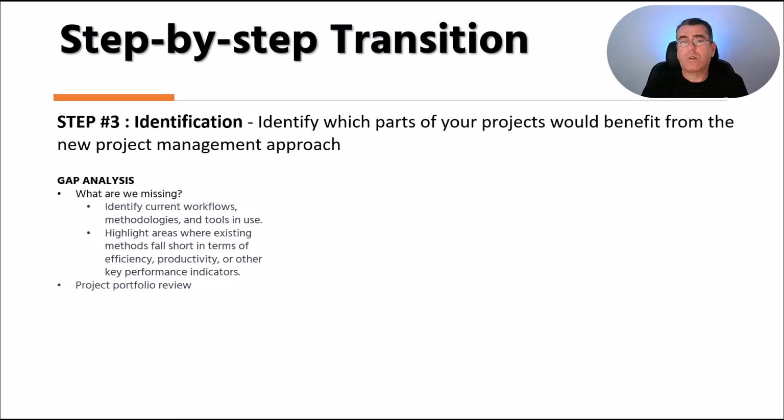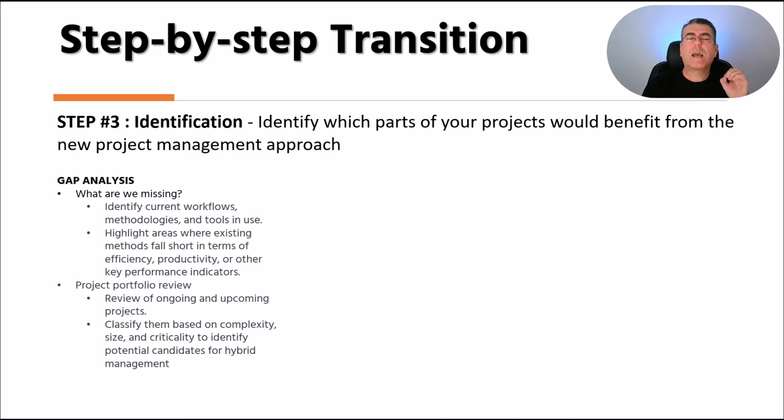We need to review our project portfolio. This is very important. We need to review ongoing and upcoming projects to see what are the characteristics of each project. And then we're gonna classify them based on the complexity, size, criticality, to identify what are the potential candidates for hybrid management.